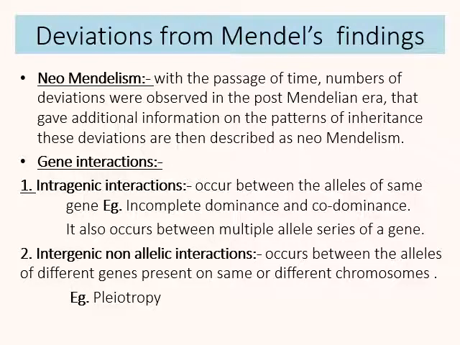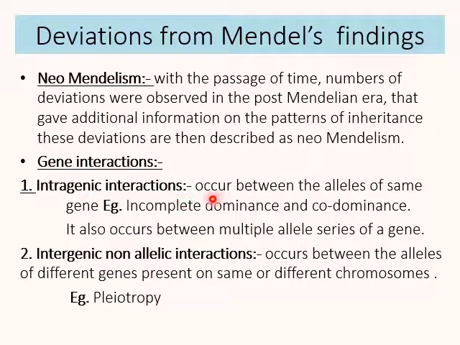Now we will see deviations from Mendel's findings. Neo-Mendelism. With the passage of time, numbers of deviations were observed in the post-Mendelian era that gave additional information on the patterns of inheritance. These deviations are then described as Neo-Mendelism. Genetic interactions. Intragenic interactions. Intra means within the same.